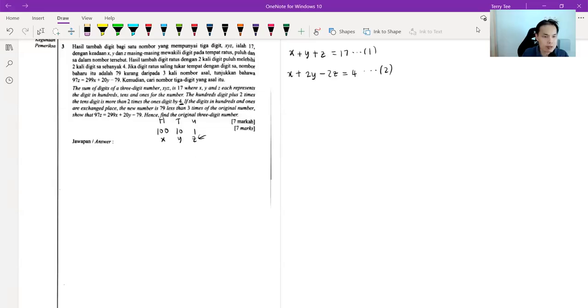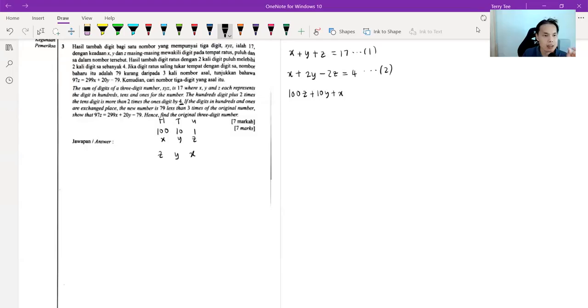When you exchange it, z will be here, x will be here, y will be here. Now, the new number is 79 less than 3 times the original number. Your new number is going to be 100 times z plus 10 times y plus x. Don't need to write 1 times x. This is the new number.